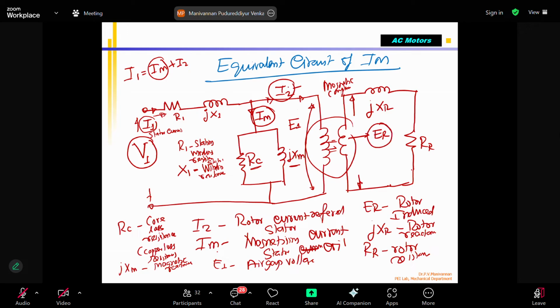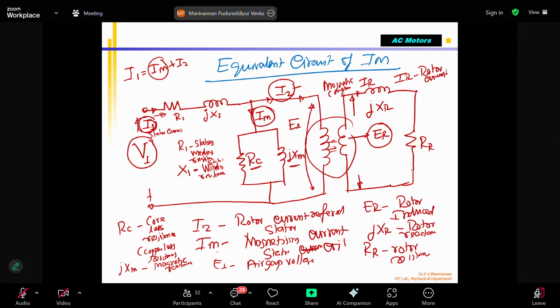I2 generates a magnetic flux, and because of that the rotor has an induced voltage. This current we call I2, that is IR. IR is called the rotor current. We know that the rotor current is generated due to the input current only.